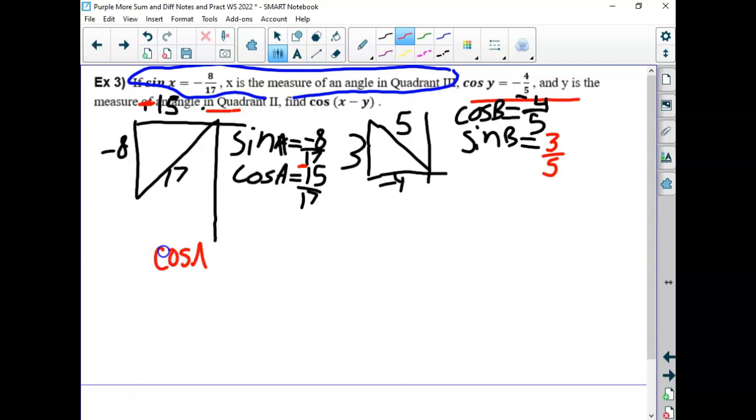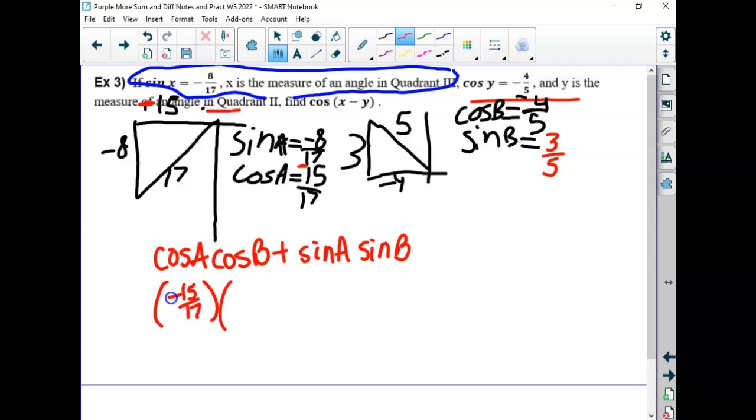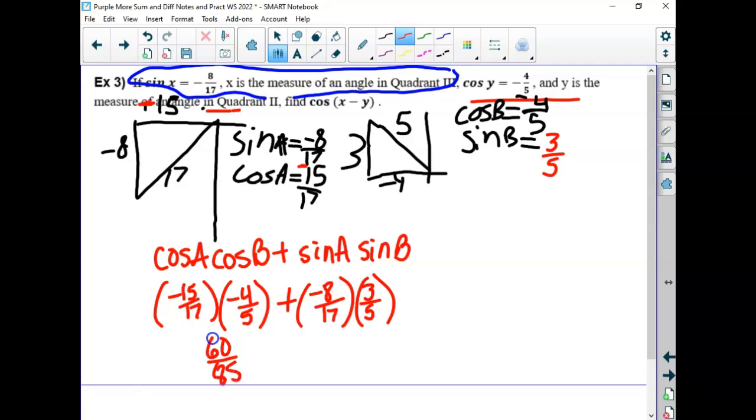Cosine A, cosine B, plus sine A, sine B. I don't know if that's right.